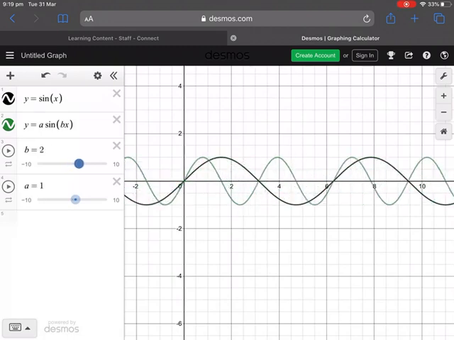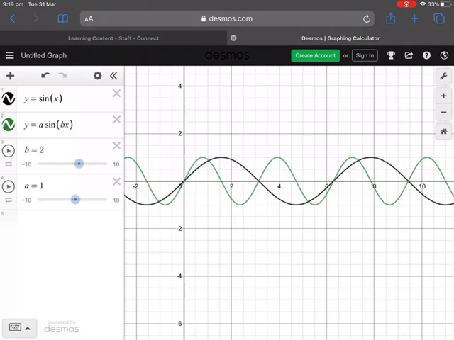If I get it to 2, what we can look at here is, if we look at one cycle of the black graph, if you now look at the green, you can see it completes 2 cycles in the same interval it took the black graph to complete 1 cycle.